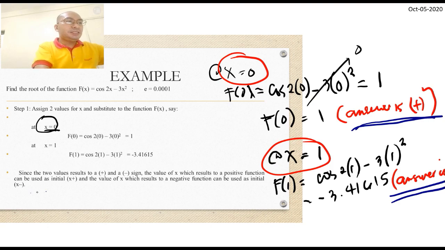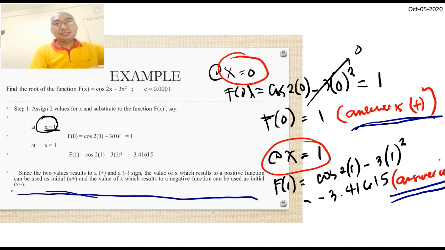Here, since the two values result in a positive and a negative value, the x which will result in a positive function can be used as the initial value of x plus.